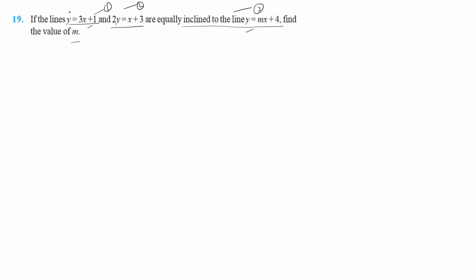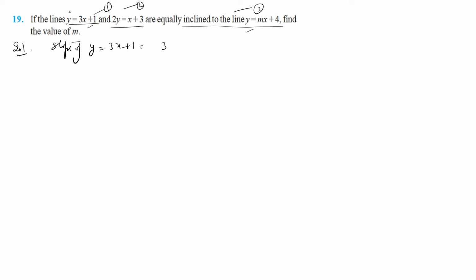Now since we are given the condition of equally inclined, I will use that formula of tangent theta. So your given lines are, we will first of all check the slopes. So the slope of y is equal to 3x plus 1 is 3.